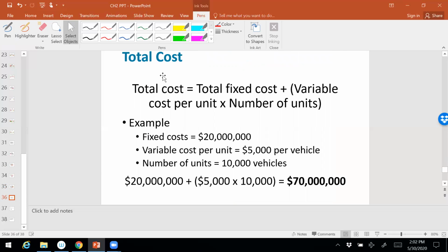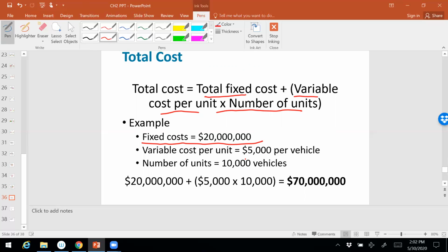Talk about total cost. So your total cost will be your fixed cost plus your variable cost per unit times your number of units. Let's say your fixed cost is your company's insurance, and the insurance is 20 million. I just make up a number. We still use Toyota.